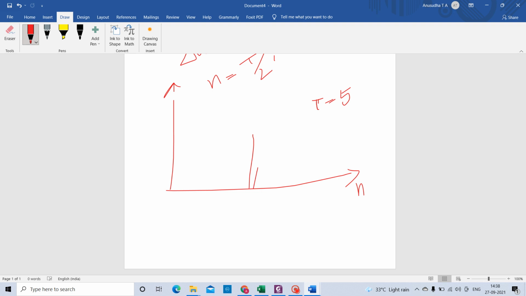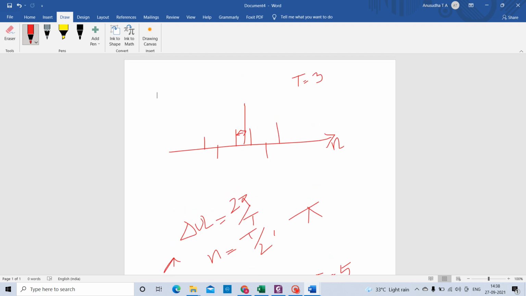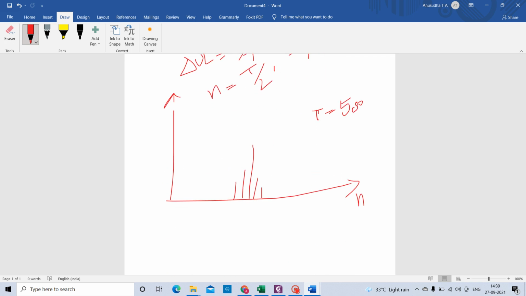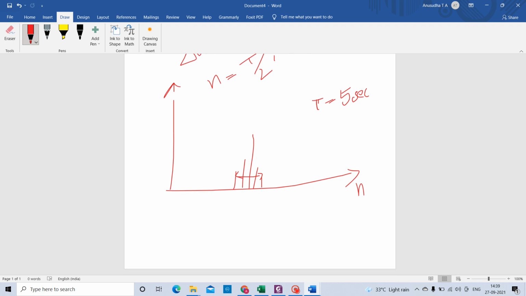Initially, for a fundamental time period of 3 seconds, the number of samples is 3. For t equal to 5 seconds, the number of samples increases up to 5. Similarly, if t is equal to 10, the number of samples increases up to 10.